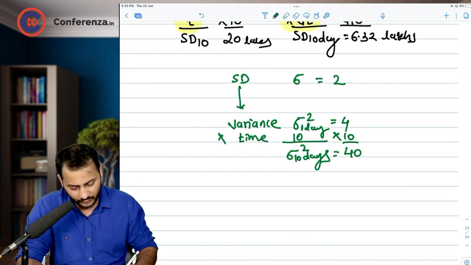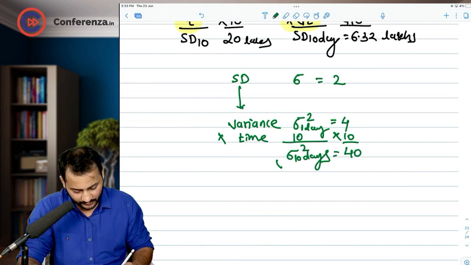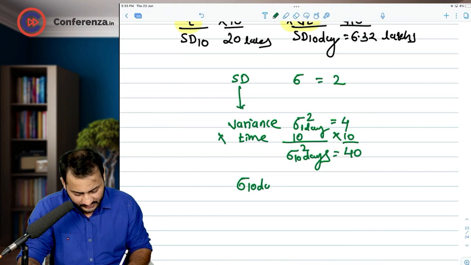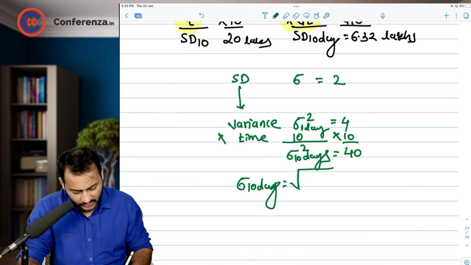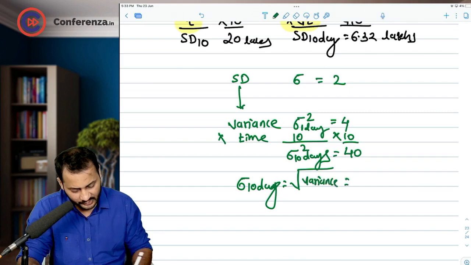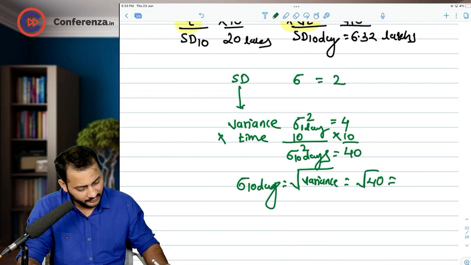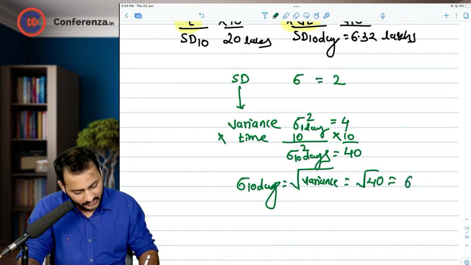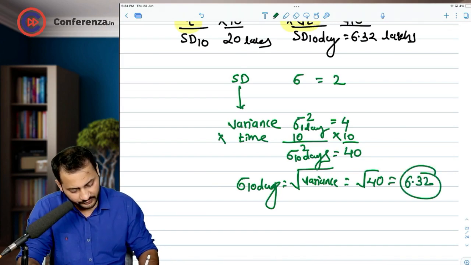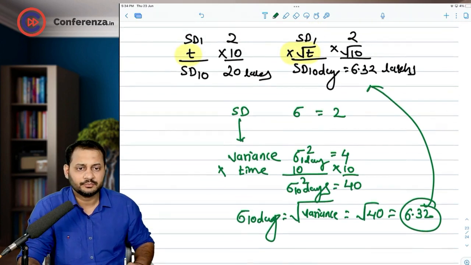Now what you need to do is just put a square root for this. We will arrive at standard deviation of 10 days is equal to square root of variance of 10 days. So it will be square root of 40, and square root of 40 will give you the answer of 6.32, which is the same as this.